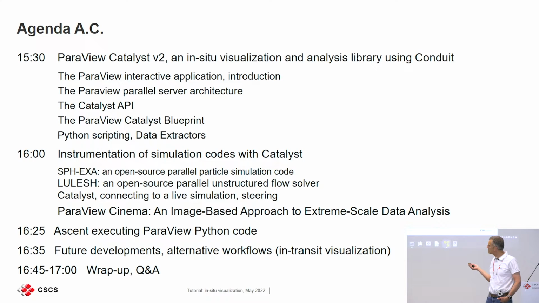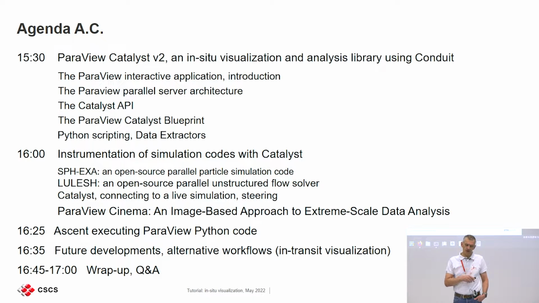It's not only ParaView Cinema, because Cinema is also something that you can do with Ascent. There's one notebook that produces what we call a Cinema database of images. And basically, the principle is that when you run visualization in situ, you will most likely make images.